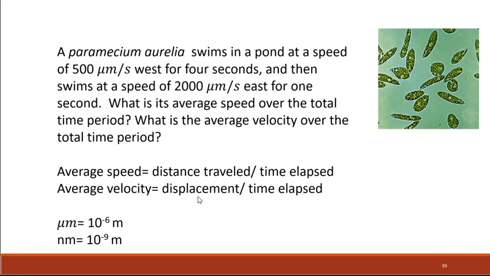Displacement is the distance from the beginning to the end point. So we found here that the distance from the beginning to the end point was 0. So average velocity is 0. But average speed is the total distance traveled, so you count that whole process. But for velocity, you're only looking at displacement, which is only the beginning and the end point.